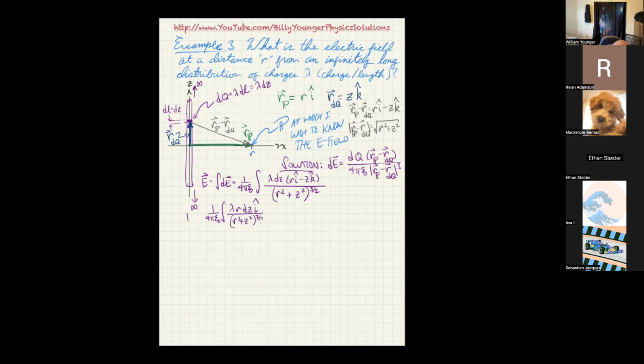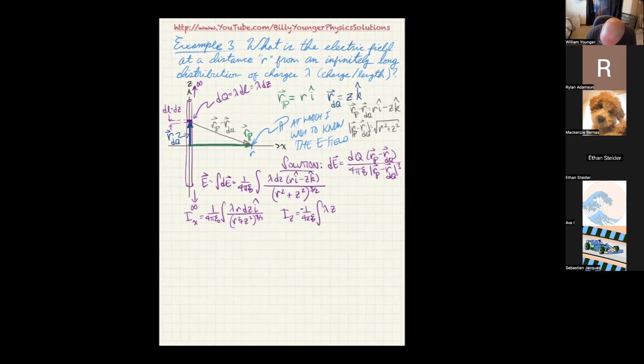That's one integral. I'm going to call that integral sub x. And then I have another integral, I'm going to call it integral sub z. And this one's going to be 1 over 4 pi epsilon naught integral lambda. There's going to be a negative in front of it, and there's going to be a z.